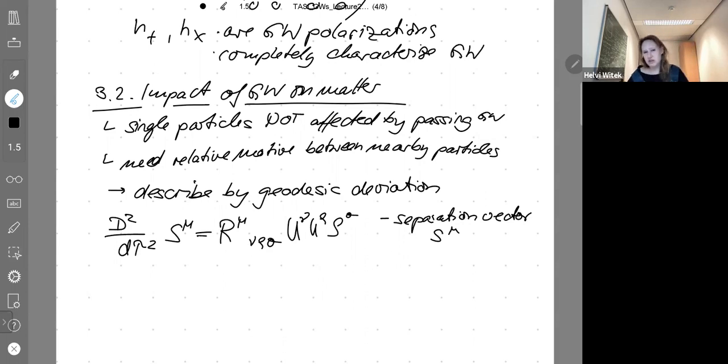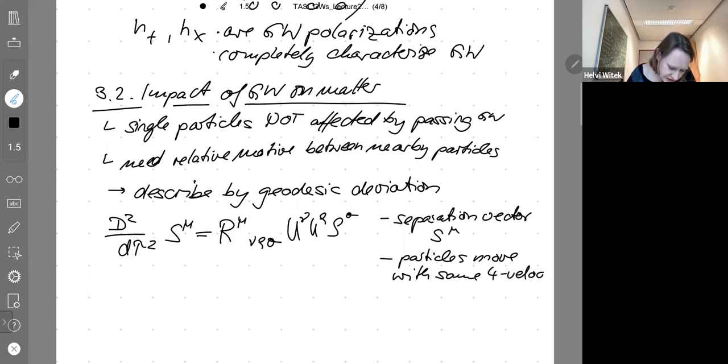Now we will make one more assumption: we have nearby particles and they will move essentially with the same 4-velocity field. Let me write that here on the right-hand side as a side note. Particles, we will assume, move with the same 4-velocity u^μ, and we will expand this 4-velocity around the rest frame.